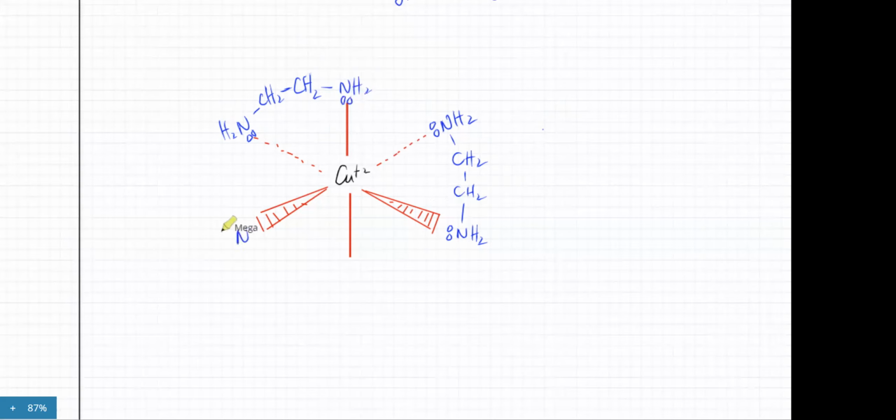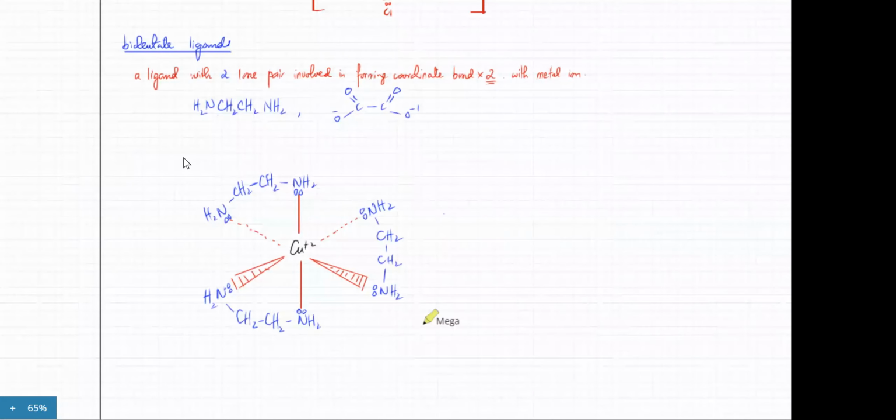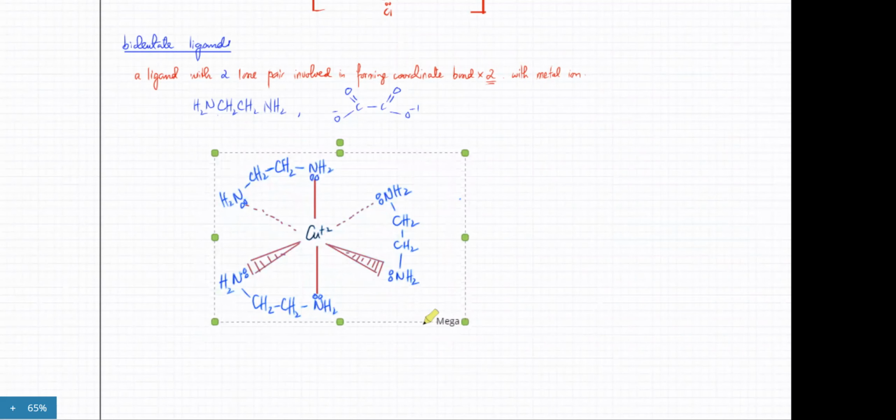And here's another one, CH2. So that's an example of a bidentate ligand where there's one molecule that's capable of forming 2 dative bonds. Is this thing clear?